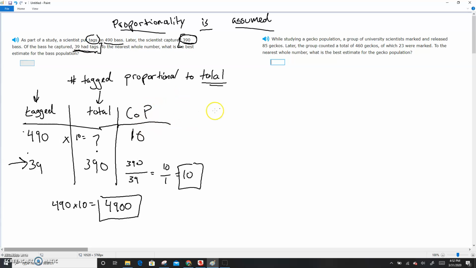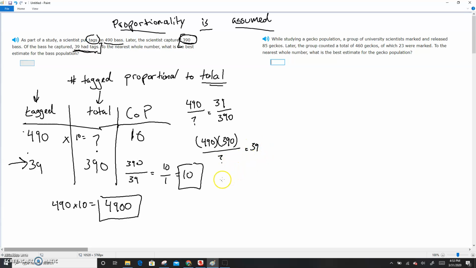We can also solve it by setting up ratios. 490 over our unknown equals 39 over 390. I multiply both sides by 390, and I get 490 times 390 over question mark equals 39.